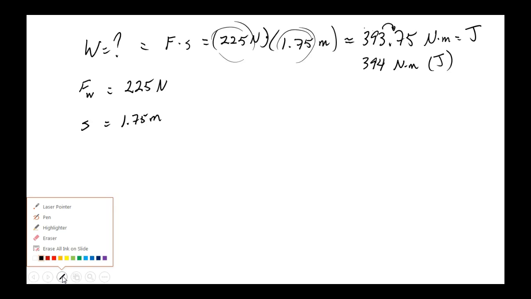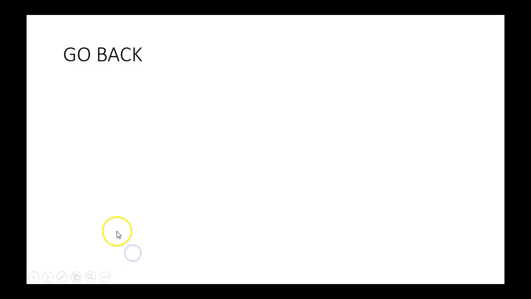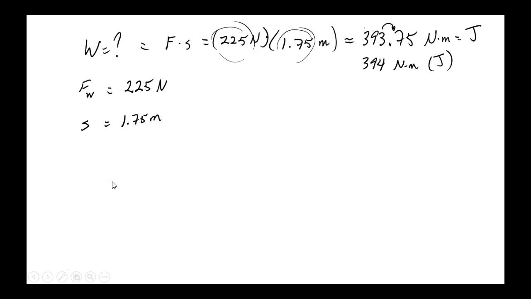A Newton is a derived quantity, remember? Anyone remember what the basic unit for Newton was? Remember, it's a mass times acceleration. That's what a force is. So it's a kilogram meter per second squared. So you multiply that by another meter.